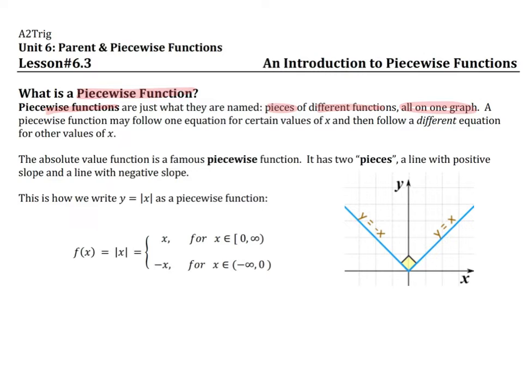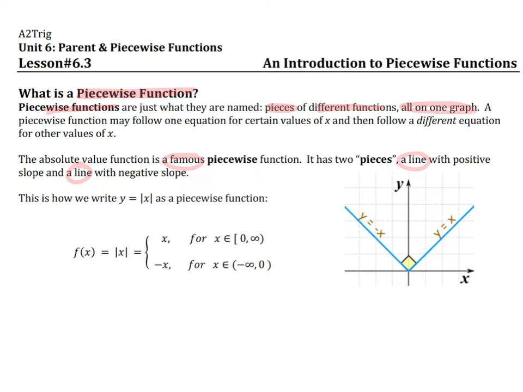A very common piecewise function is the absolute value function, because you could think of it as having just two pieces. You could have a part of a line, really a ray, with the positive slope, or part of a line, a ray, with the negative slope.